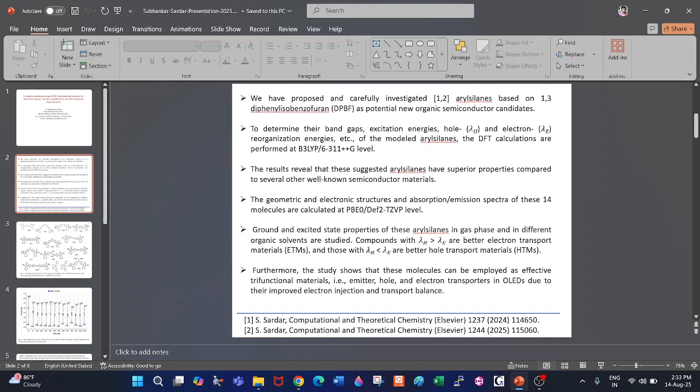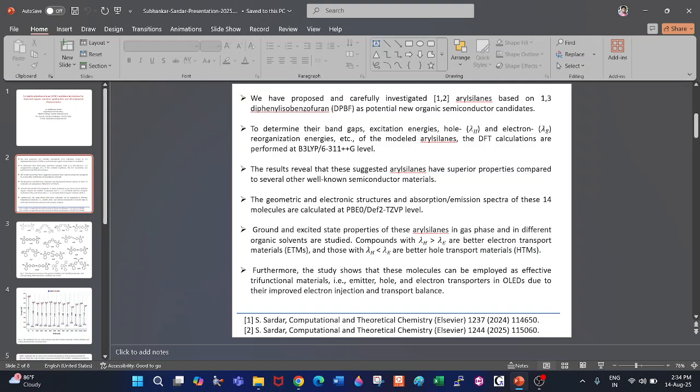Compounds which have a hole reorganization energy greater than the electron reorganization energy are better electron transport materials or ETMs, and those with the hole reorganization energy less than the electron reorganization energy are better hole transport materials. And further, the study shows that these molecules can be employed as effective trifunctional materials, that is the emitter, hole, and electron transporters in OLEDs due to their improved electron injection and transport balance.